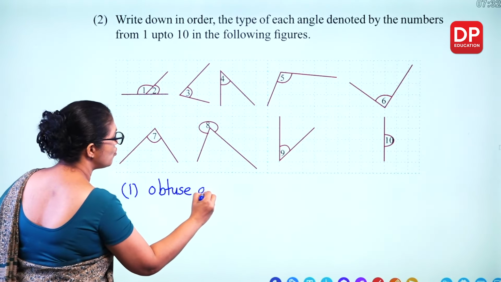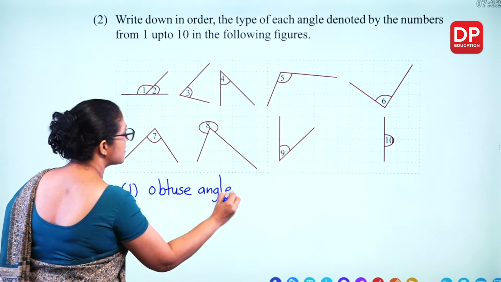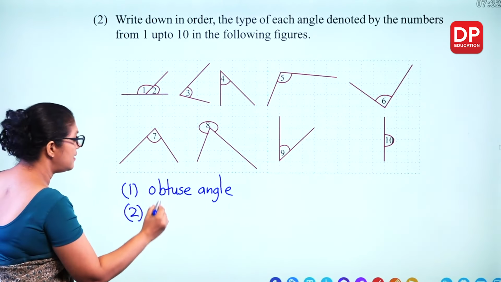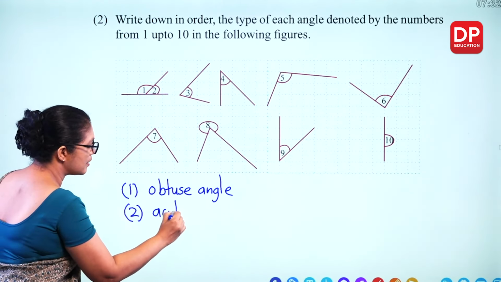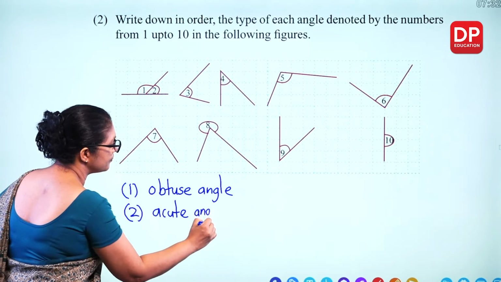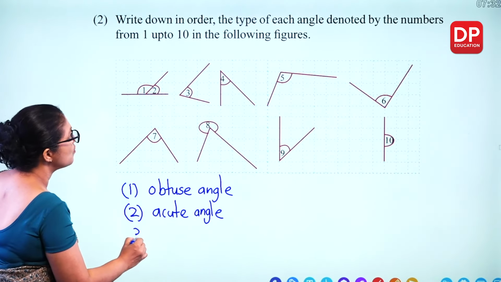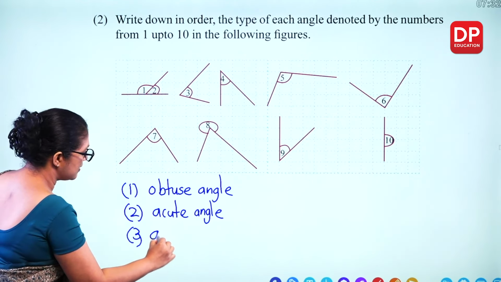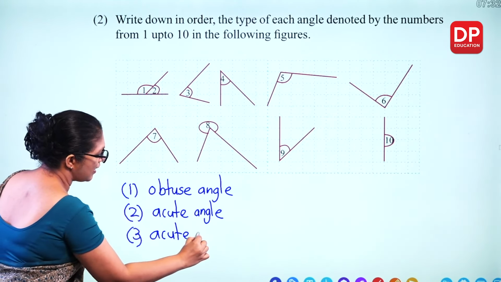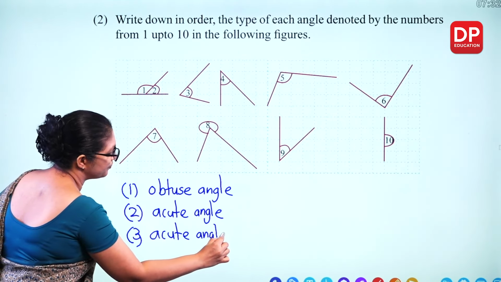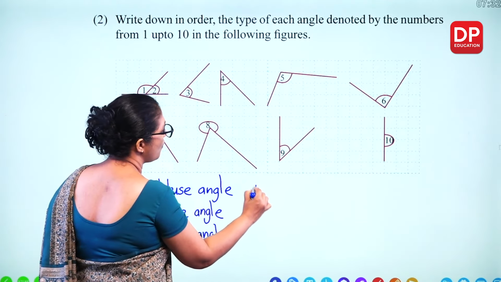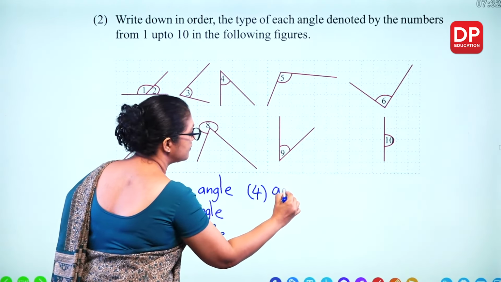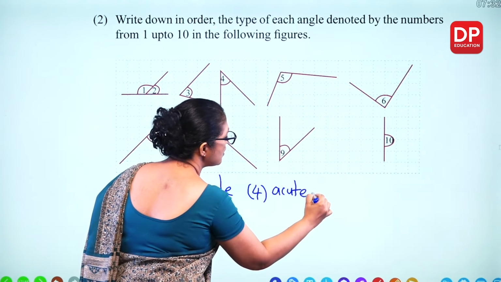Now you know how to identify angles. 2 is less than a right angle, that's called acute. Third one, less than a right angle, acute. Fourth one, less than a right angle, acute angle.